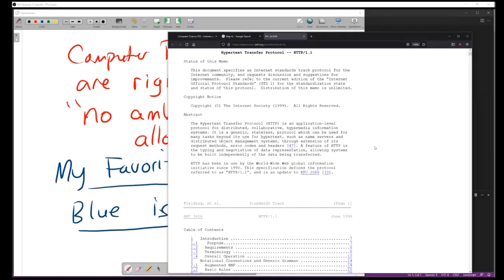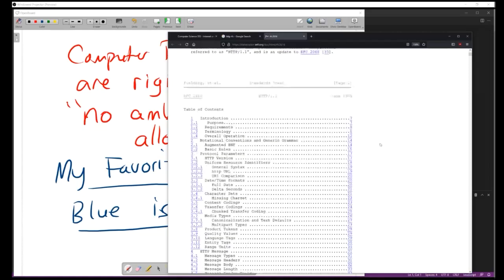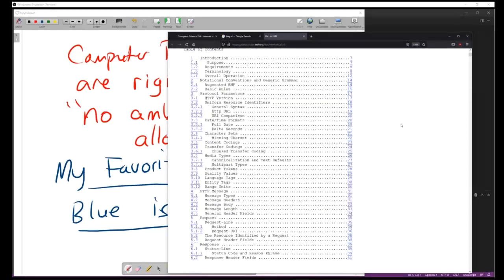RFC stands for Request for Comments, and essentially this is a document that defines all aspects of the communication. So the syntax, semantics, timing and synchronization, and error recovery, all of that is defined inside of this RFC.